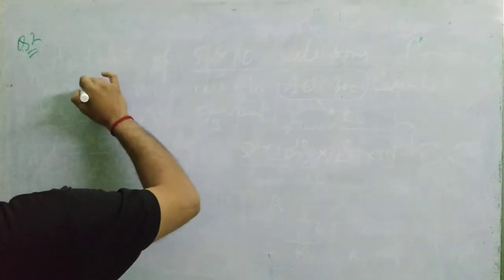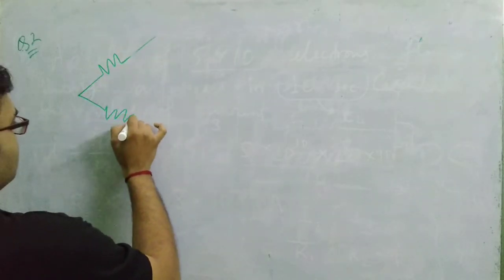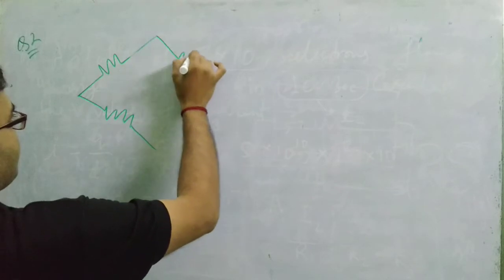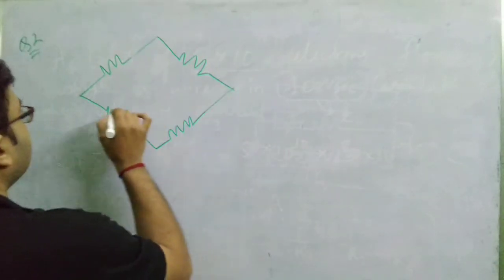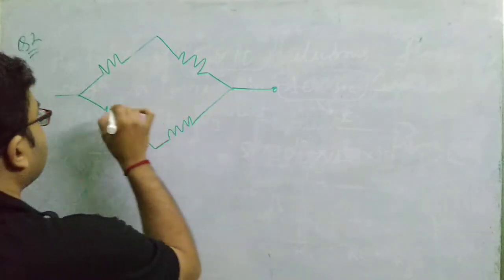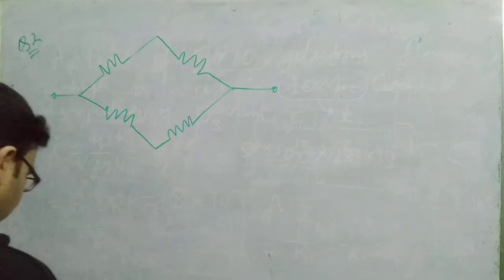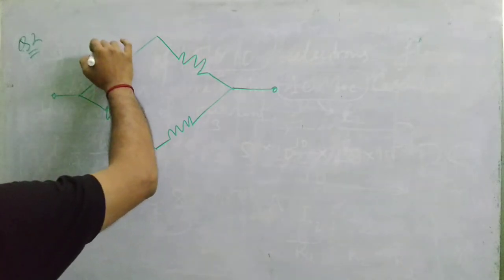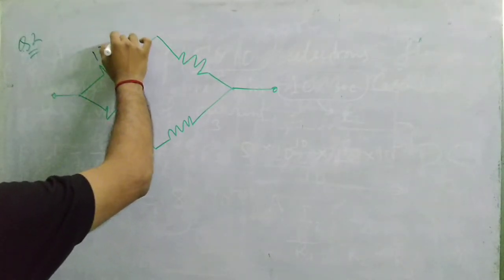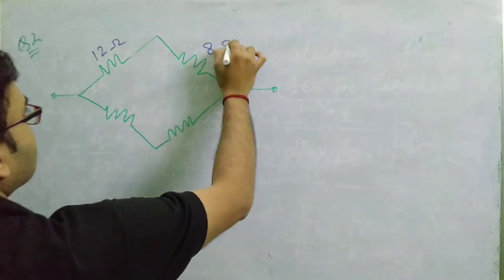See, let us consider a circuit like this. Okay, so there is a circuit like this. Here is 12 ohm. Here is 8 ohm.